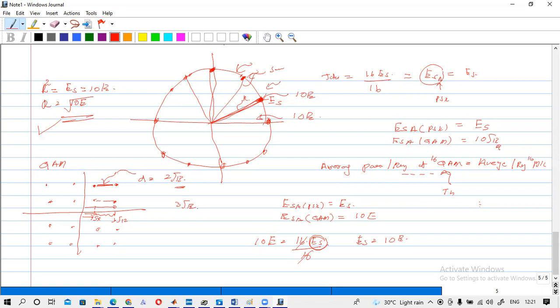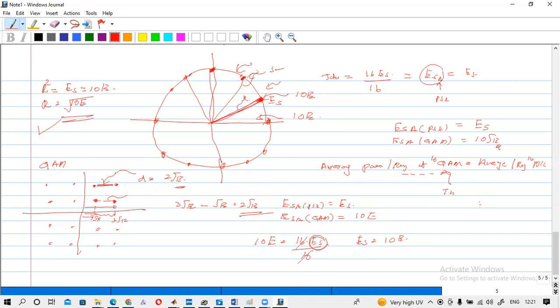So from root 3E, if you subtract root E, you will get 2 root E. So that is the minimum distance between two points, that is 2 root E.